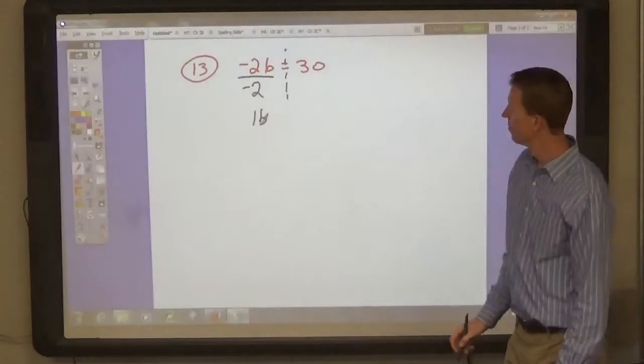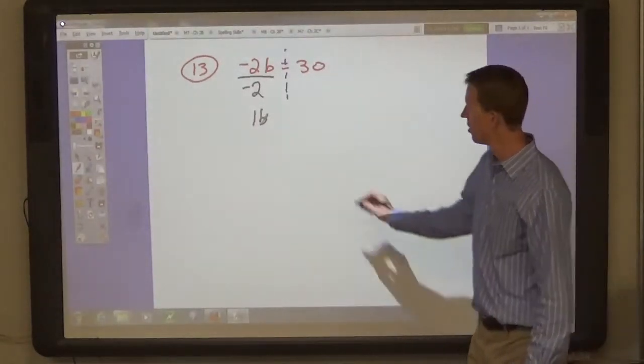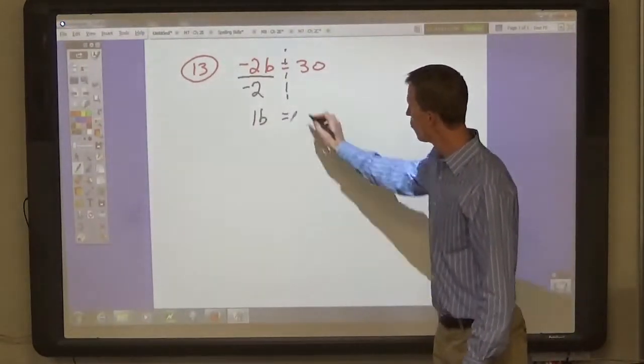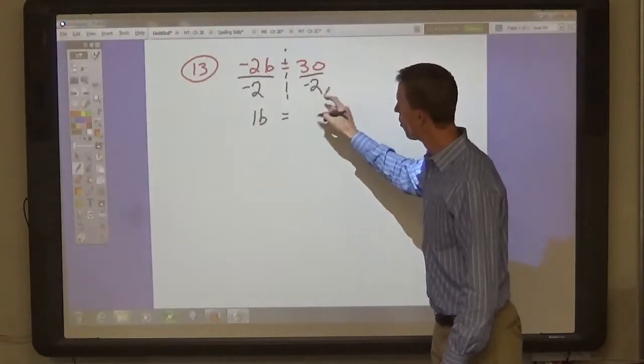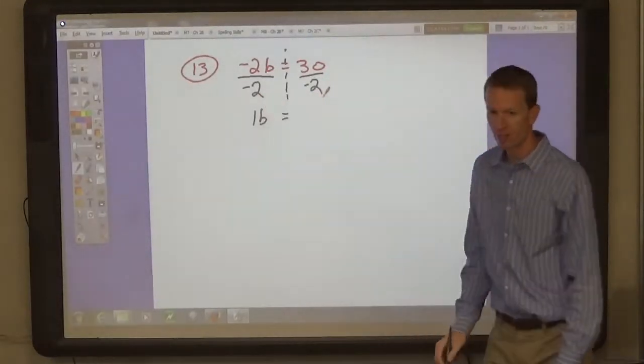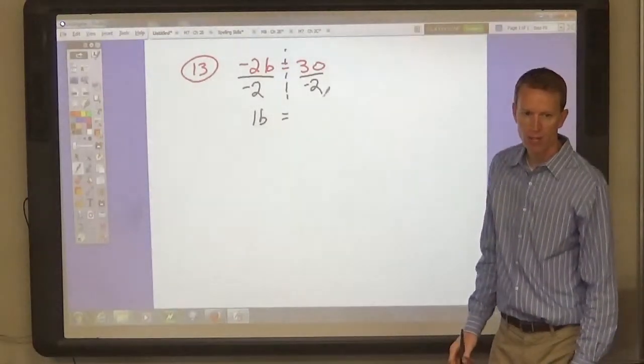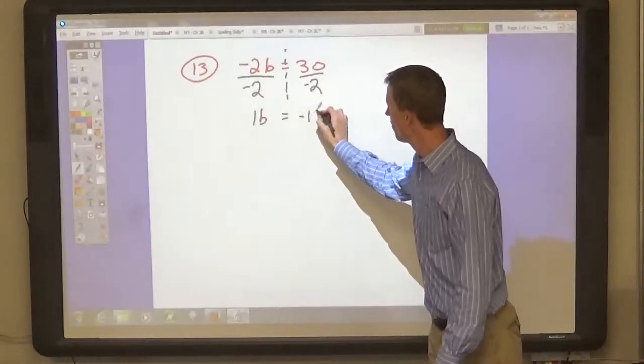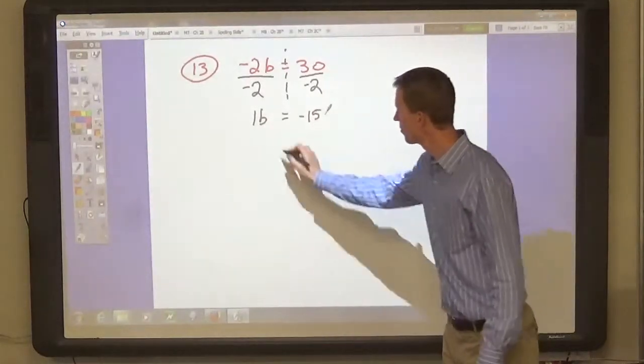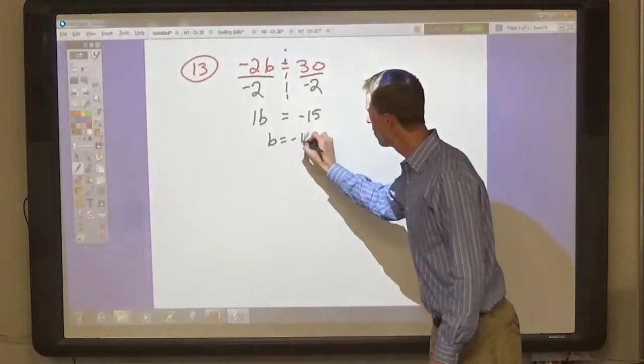Positive 1b. That's what we're looking for, is the solution. Then you have to divide both sides by the same number. 30 divided by negative 2 is negative 15. So b equals negative 15.